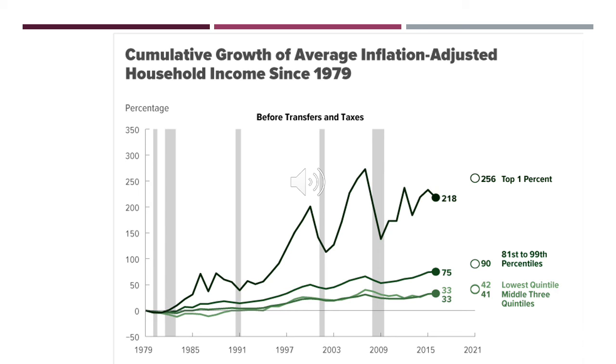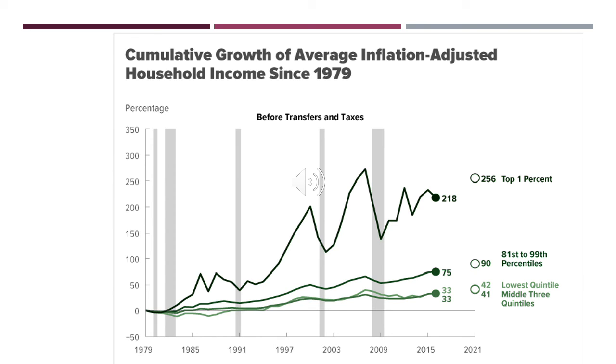Whereas the lowest 4 quintiles, so the middle 3 quintiles and the lowest quintile, have each experienced 33% growth. At times, they've experienced actual shrinkage compared with 1979, so at times they've been worse off.